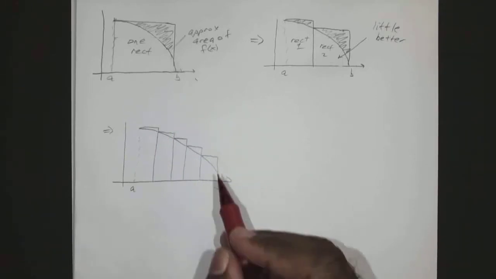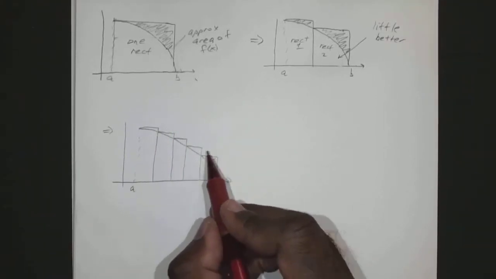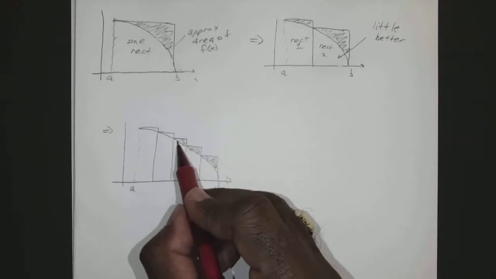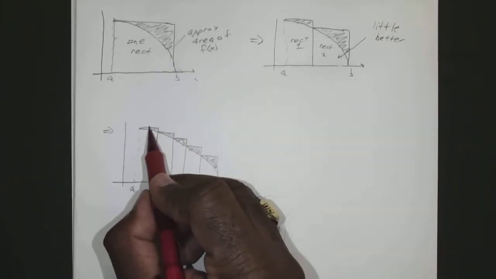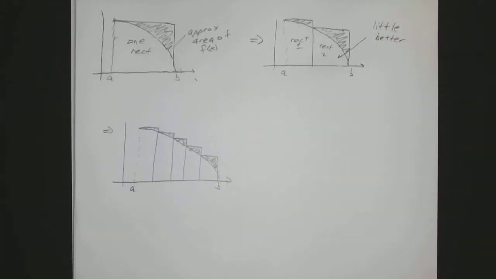Which, once again, you can see that it's still too much. You'll still get a high area, but not as high. It'll only be just off a little bit less than it would be for the first 2.